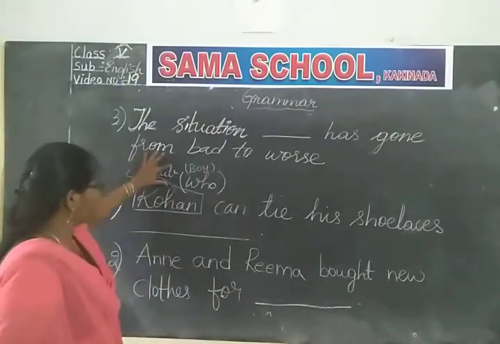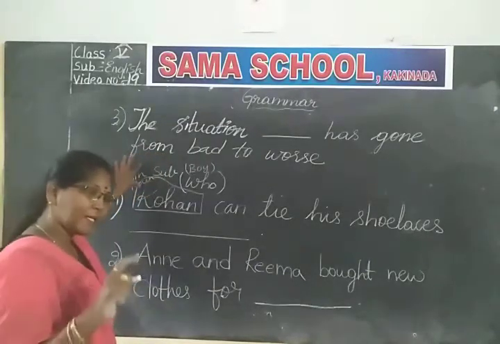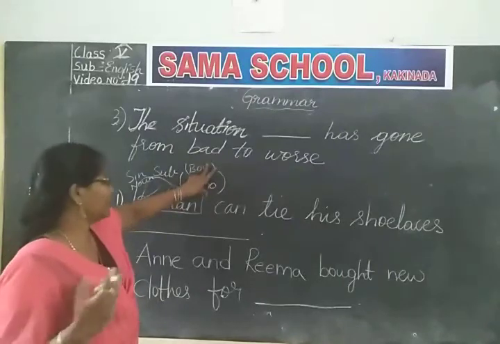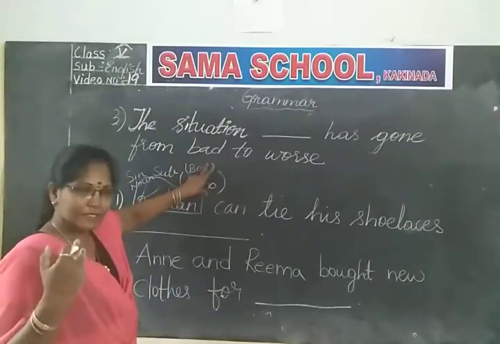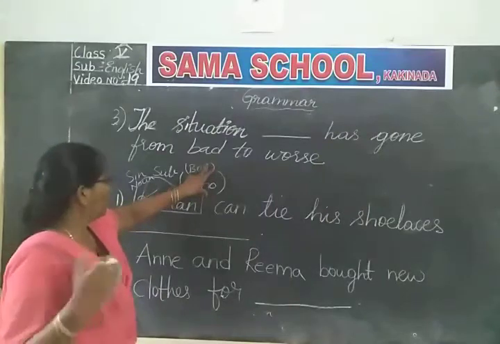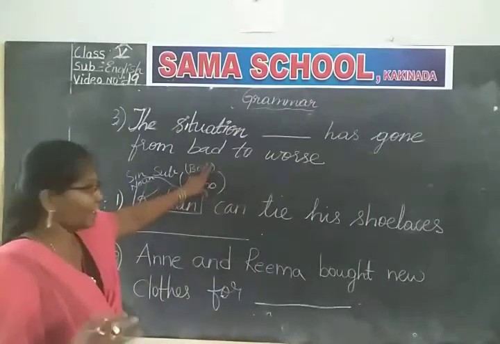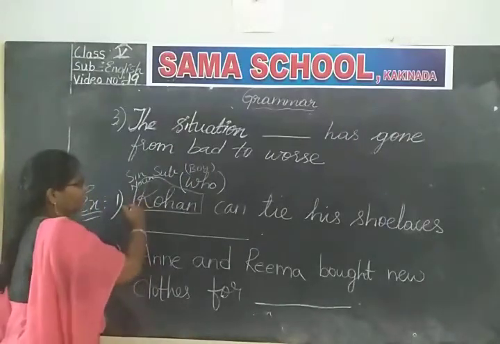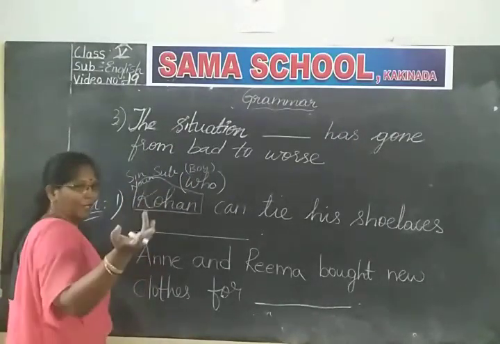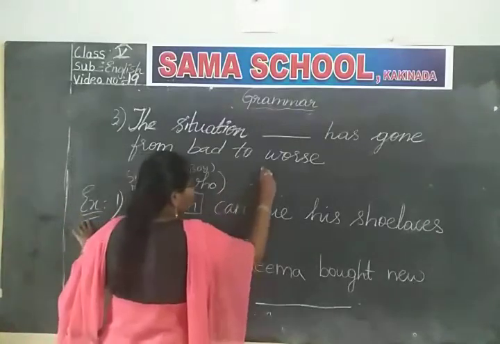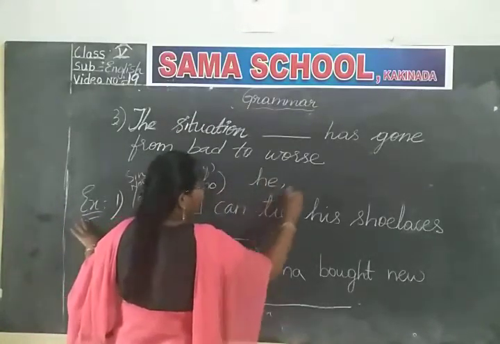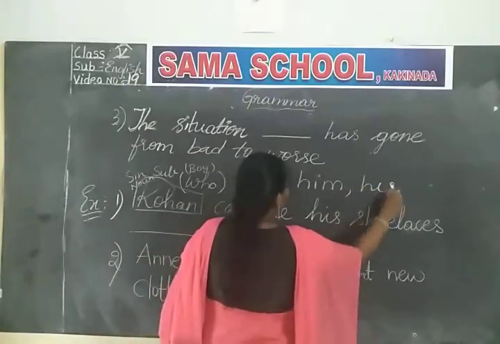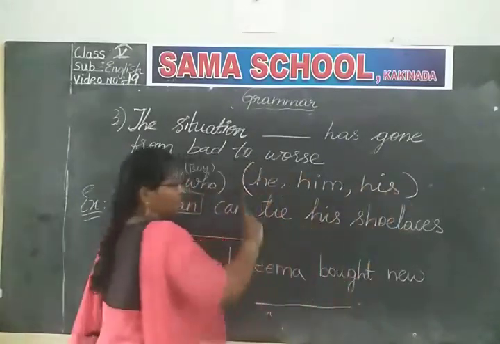First one is identification of the subject. Second one is whether it is singular or plural. And third one is identifying the gender, whether it is masculine, feminine or neuter. Which type of gender you have to identify, that has been identified. Now coming to the next one: Rohan means boy, so obviously we should use either he, him, or his.